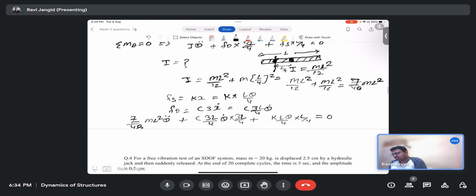So L will cancel out at every point. That will become 7m by 48 theta double dot plus 9 by 16 c theta dot plus k by 16 theta. Okay, so what would be my omega?